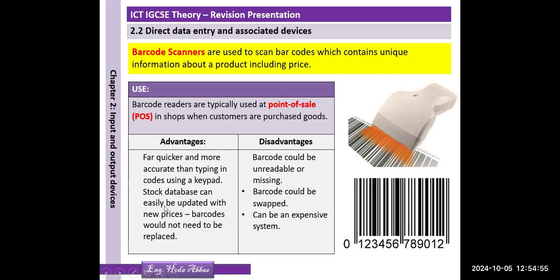Stock database can easily be updated with new prices. What this means is that when you buy something, for example, the supermarket has 10, I give you a simple example. The supermarket has 10 pieces of chocolate, okay? And you buy one. So the cashier will use this barcode reader to scan the barcode of the chocolate. Of course, everything is inserted into the system of the supermarket, okay?